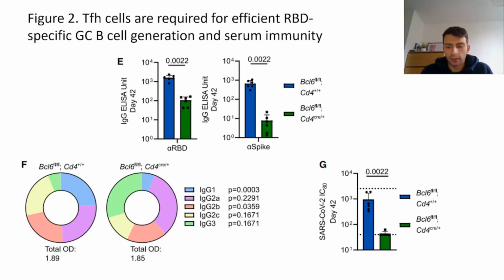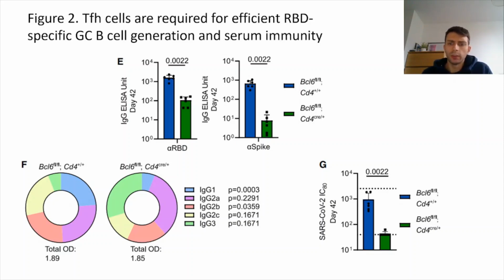In F, we did isotype analysis, and we can see that there are differences in the amount of IgG1 and IgG2b. Namely, the IgG1 is reduced when CD4 Cre is active. And this goes with what we know in that the germinal center effectively supports the production of IgG1 specific germinal center B cells.